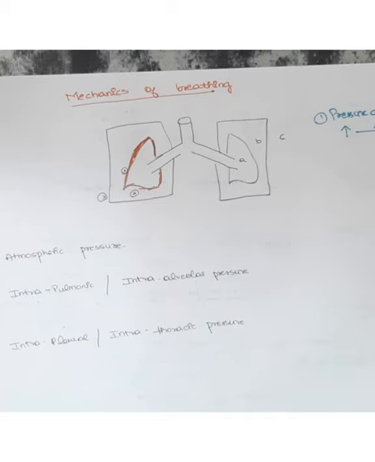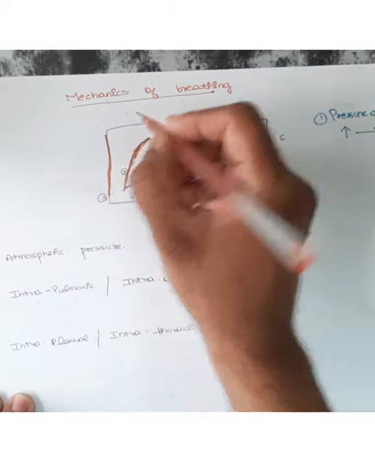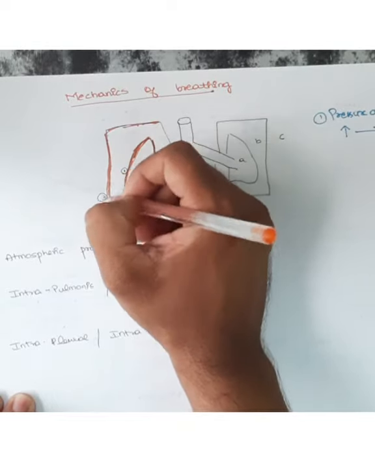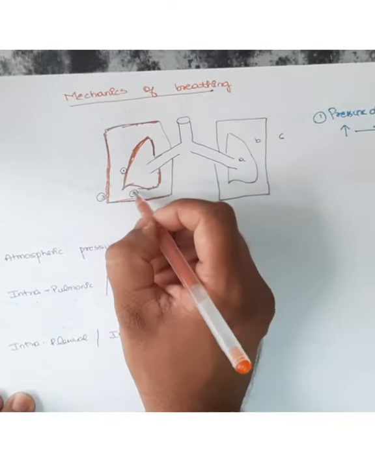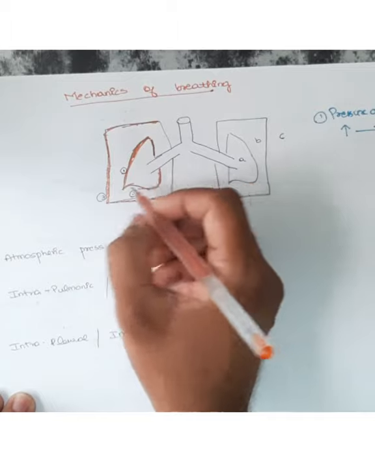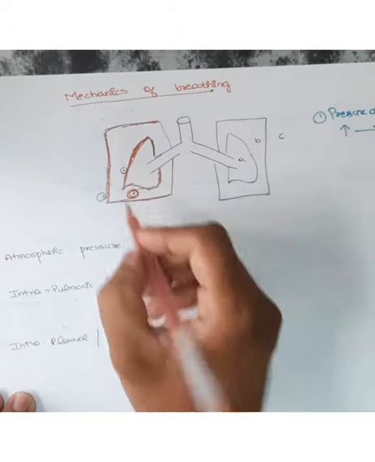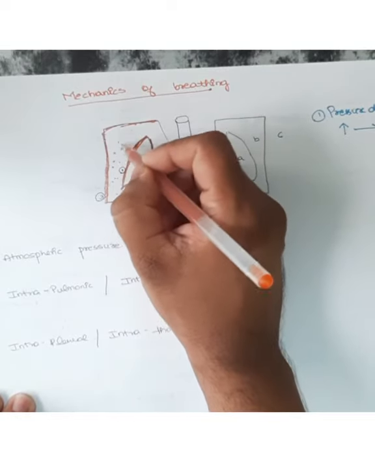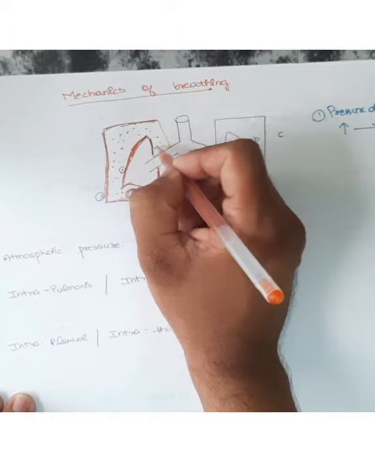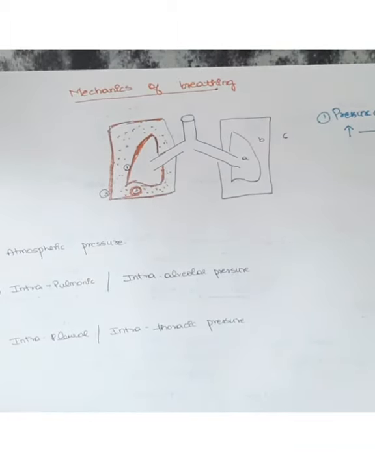One is the visceral pleura, which is closely attached to the lungs, and we have the parietal pleura or the costal pleura that is attached to the ribs. In between the visceral and the parietal pleura, we have the pleural cavity, which is filled with pleural fluid. It's a transcellular fluid, which is important to prevent friction.